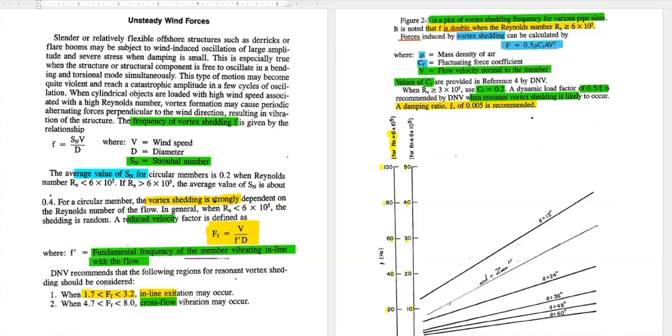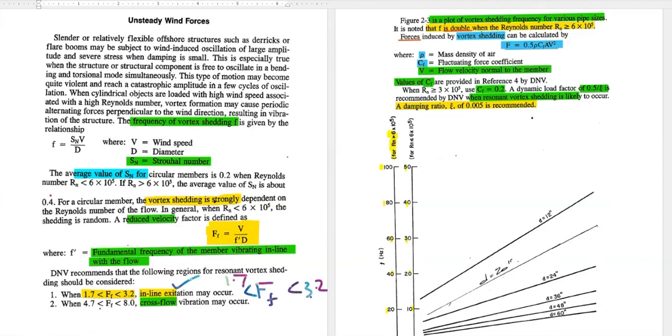DNV recommends that the following regions of resonant vortex shedding should be considered. When the reduced velocity factor is greater than 1.7 and less than 3.2, inline excitation may occur.